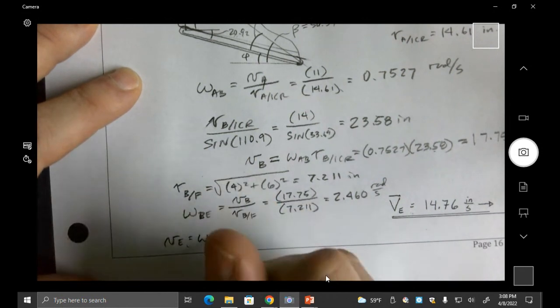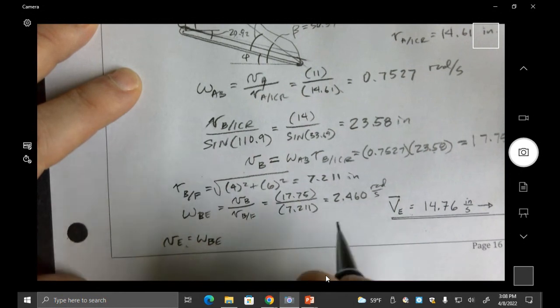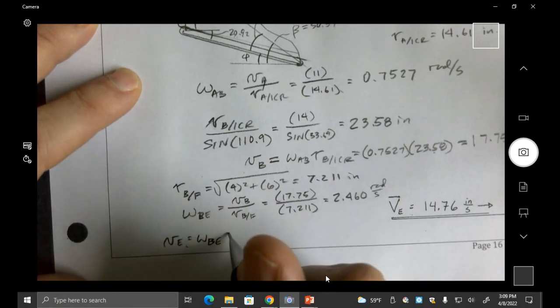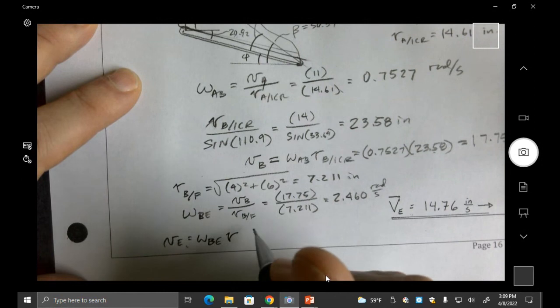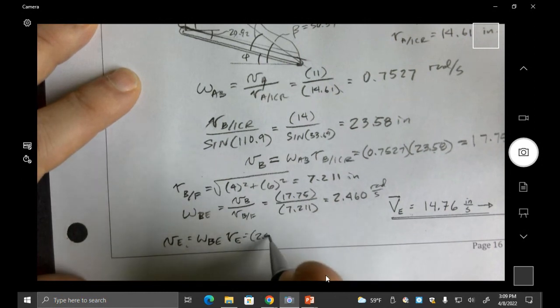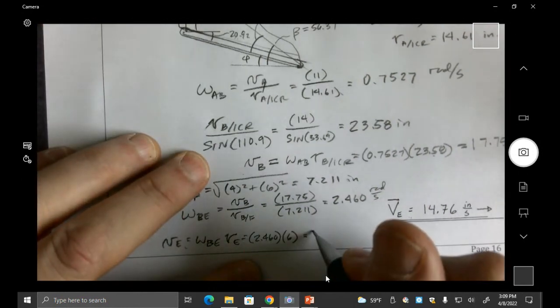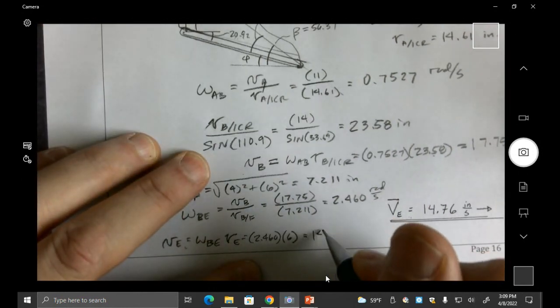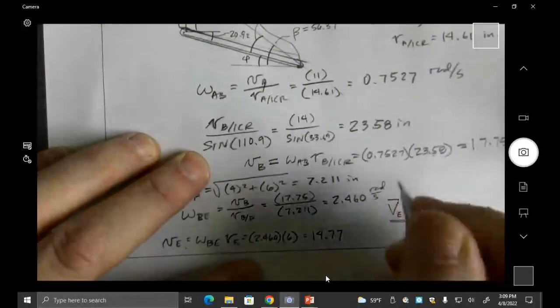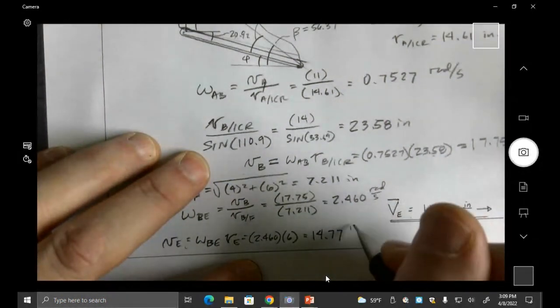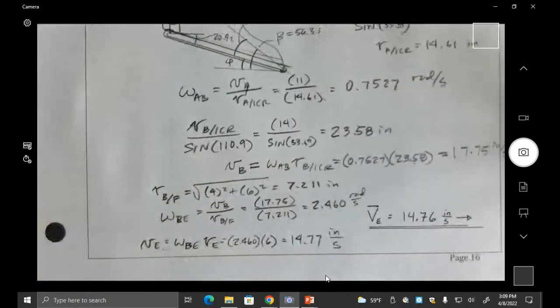Times our radius of E. 2.460 and 6. You better be equal to 14.77. Which is the answer.